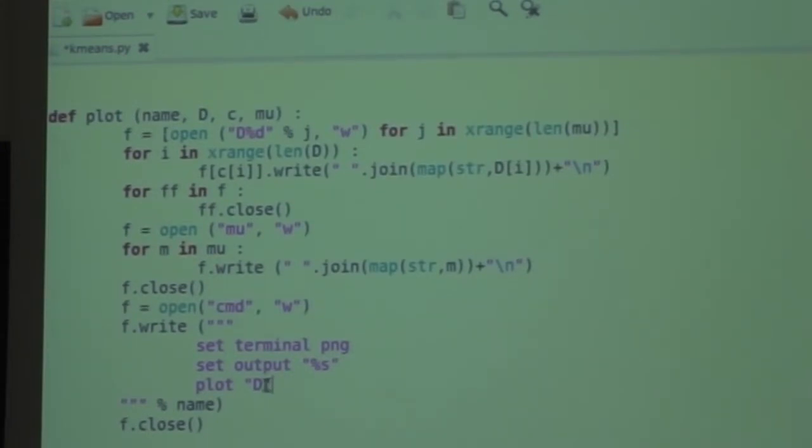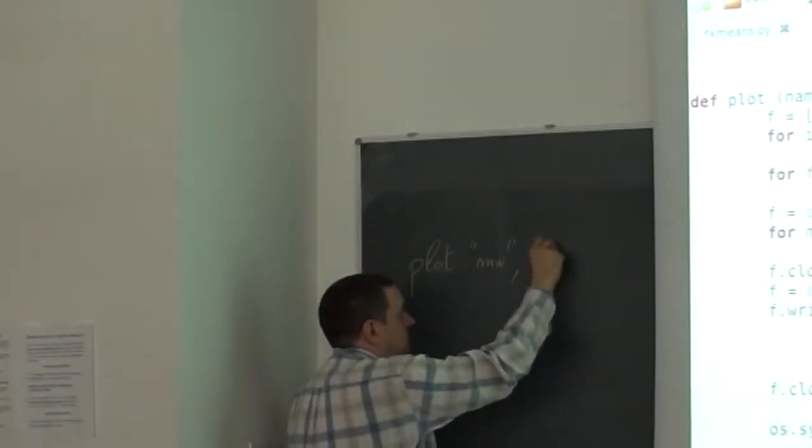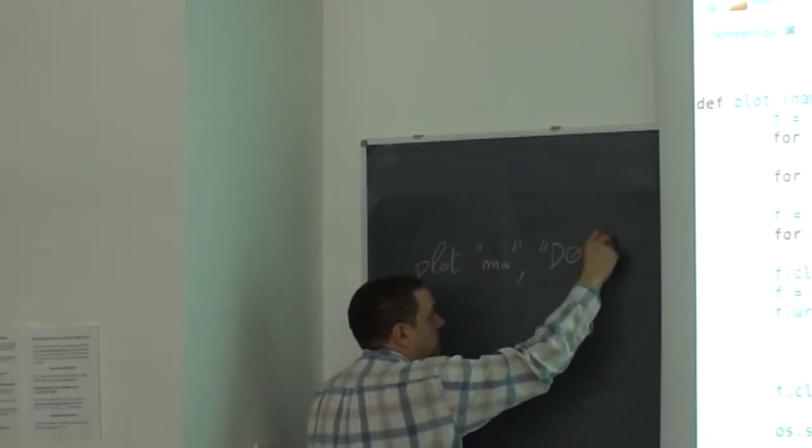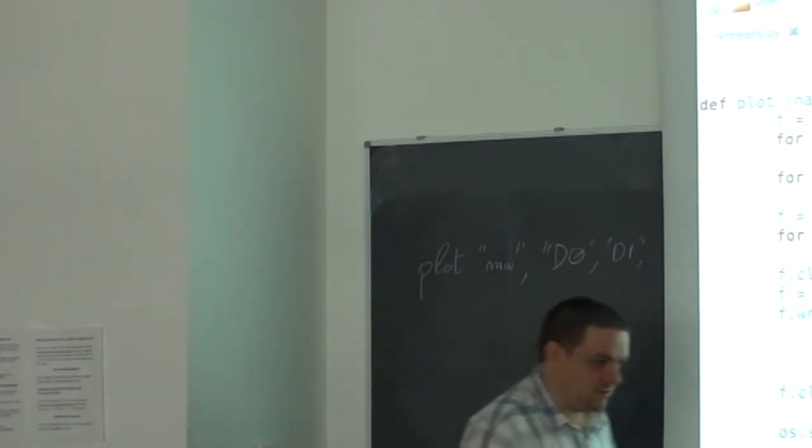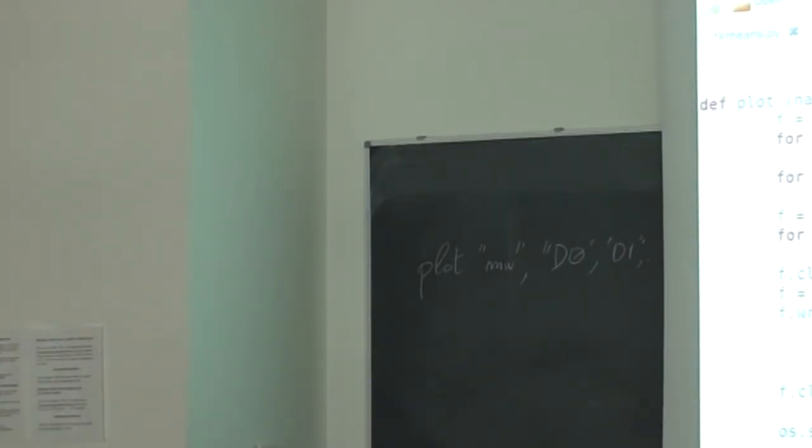So what we can do is, we start by plotting mu. Here the trick is this one. If I want to plot many files, the command to plot many files will be plot mu, comma, d0, comma, d1, and so on. I want to generate this command.